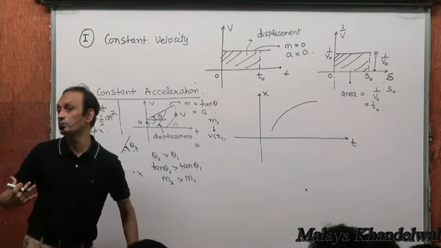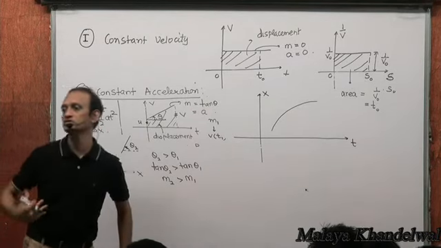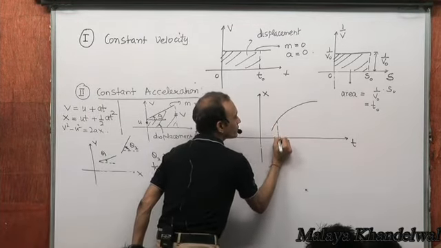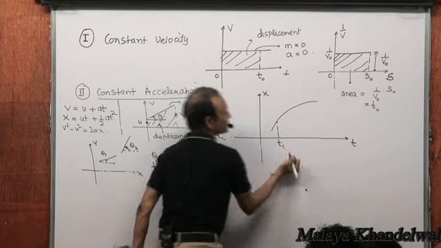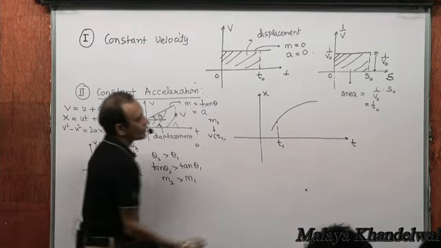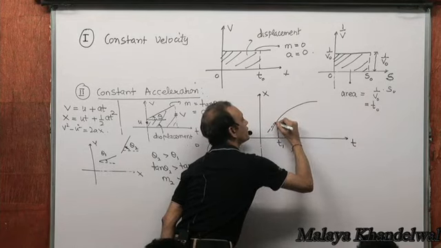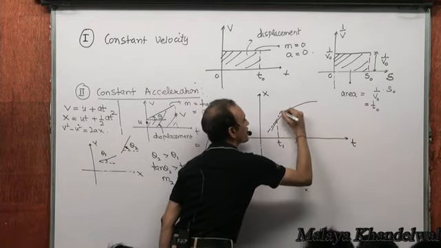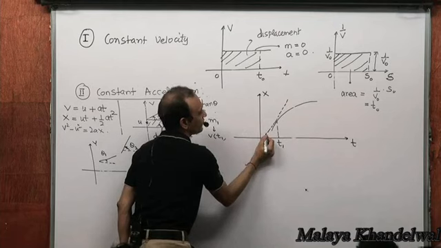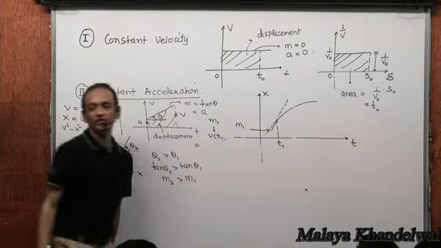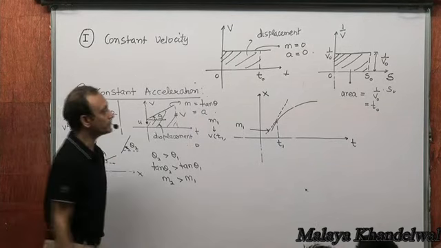If displacement time is a parabola, it must be a case of constant acceleration, right? Now, this is time t equal to t1, right? At this point, if I draw a tangent, what will I get? The velocity at t1. If m1 is the slope of this tangent, what would it give me? It will give me velocity at t1, right?